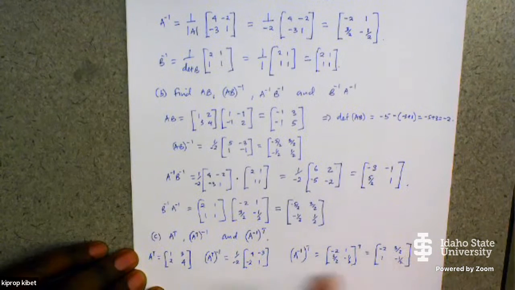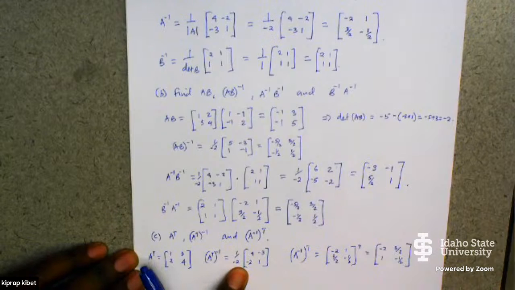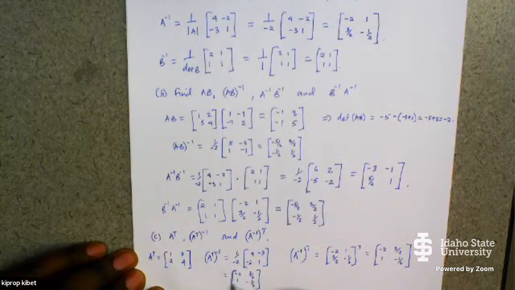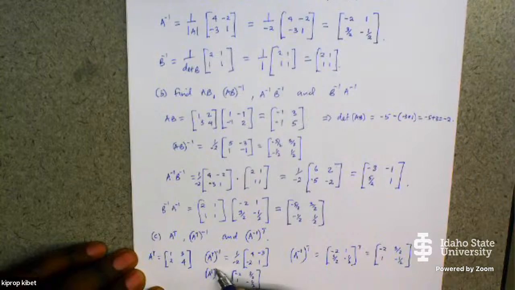And this should be similar to this one. Should be similar, because this equals what? Minus 2, right? There is 3 over 2. There will be 1. And the last one here is minus 1 over 2. And you see they are similar. A transpose inverse.